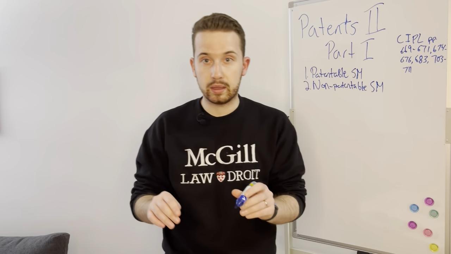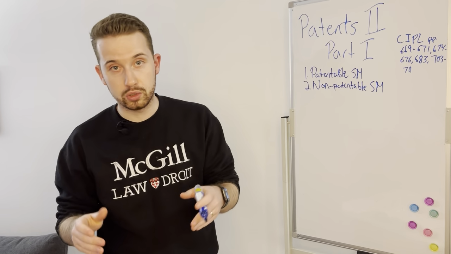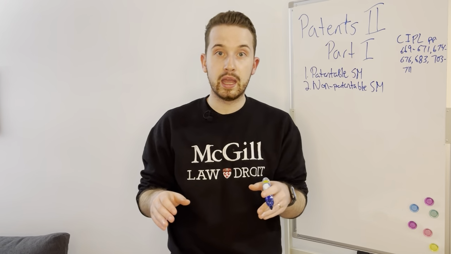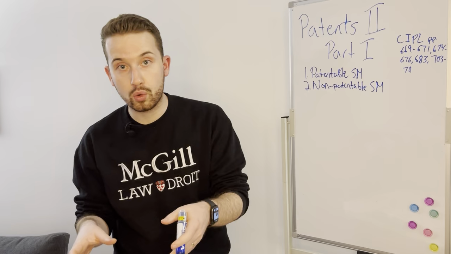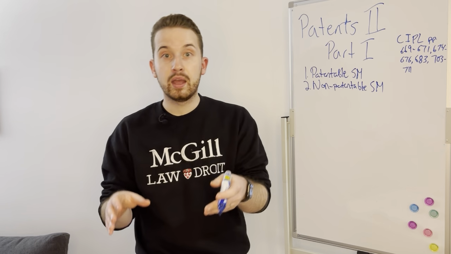But we're going to see that there's a further limitation to what you can get a patent on. These are things that are specifically excluded, either under the Act or under the ways courts have interpreted the Act.